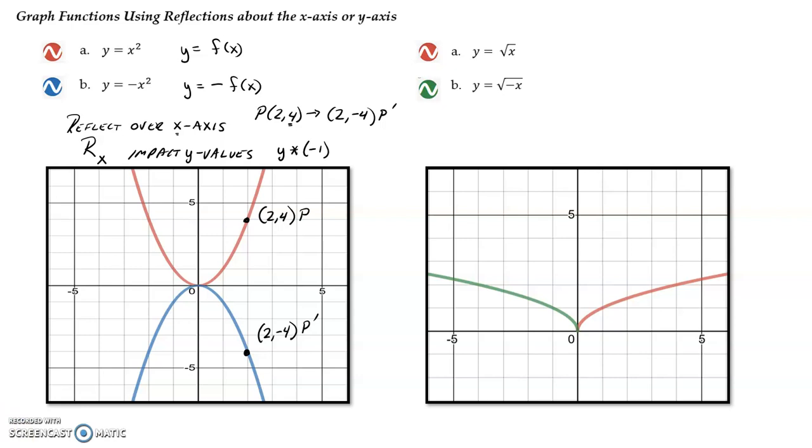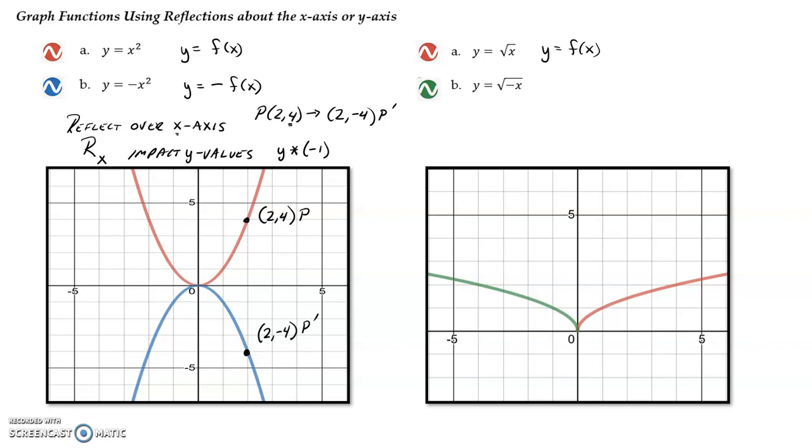And now let's go ahead and look at our last reflection. This time we're going to be reflecting over the y-axis, and we'll use the graph of y equals the square root of x. This will be our parent function, still in the form y equals f of x.